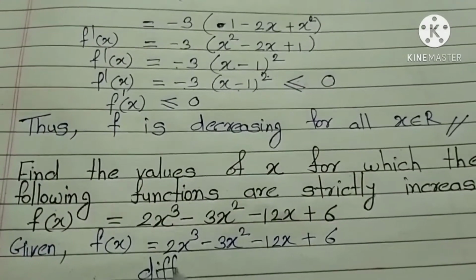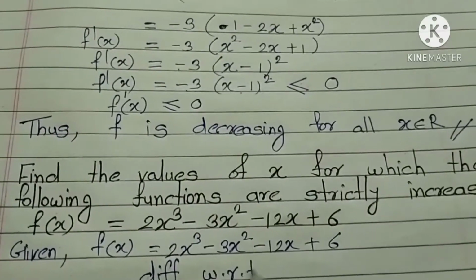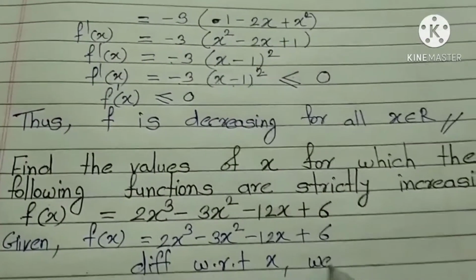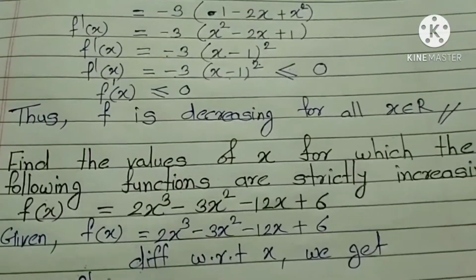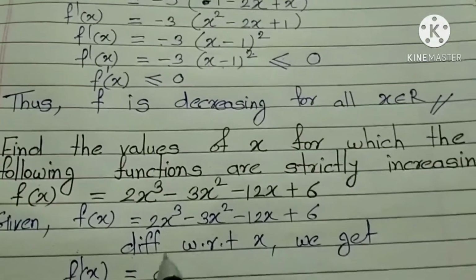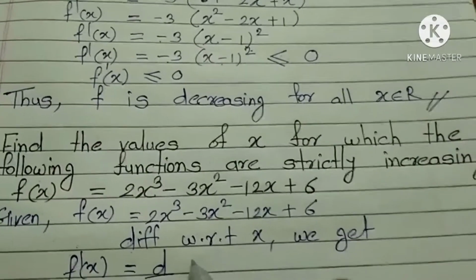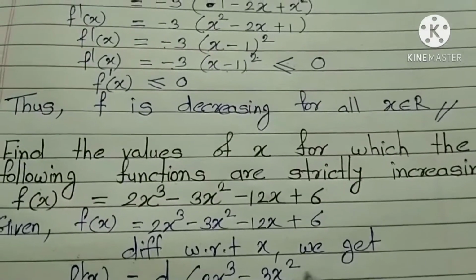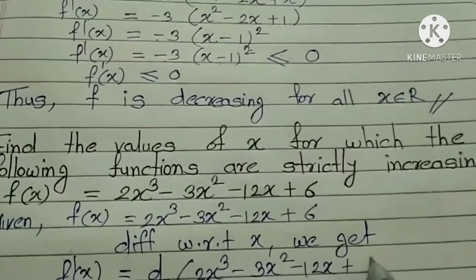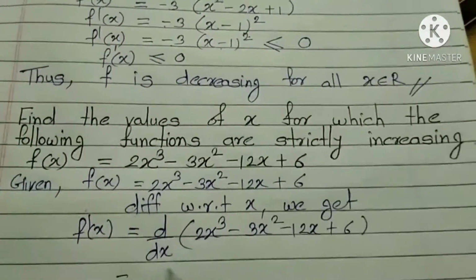Differentiate with respect to x, we get, so differentiation of f of x is f dash of x, and we take differentiation of this. So this is 2x cube minus 3x square minus 12x plus 6. Now differentiate this.